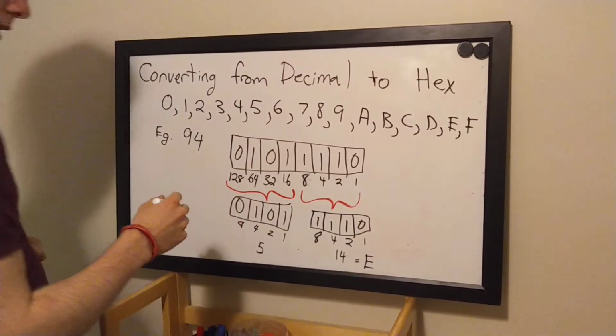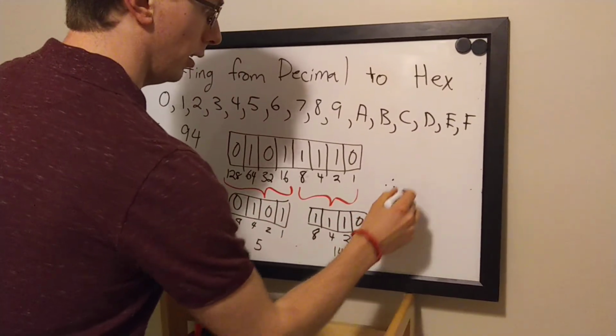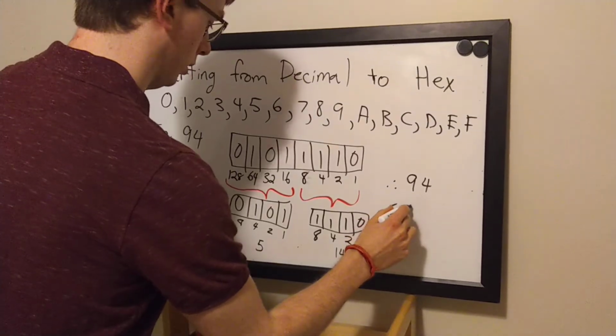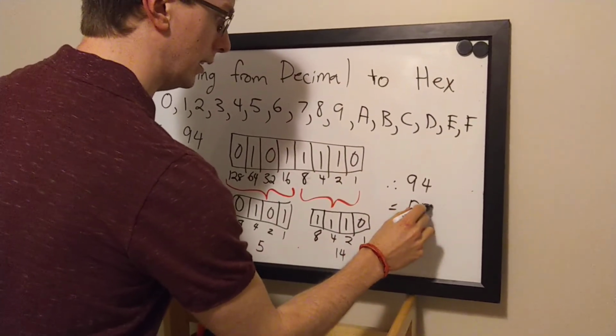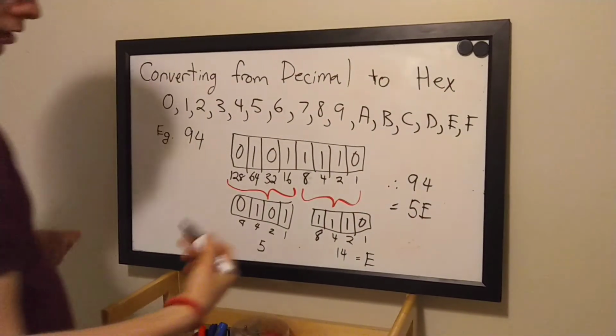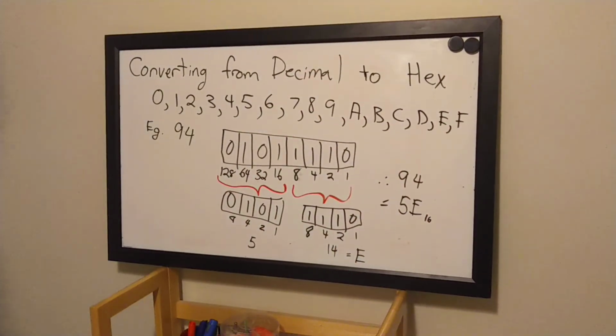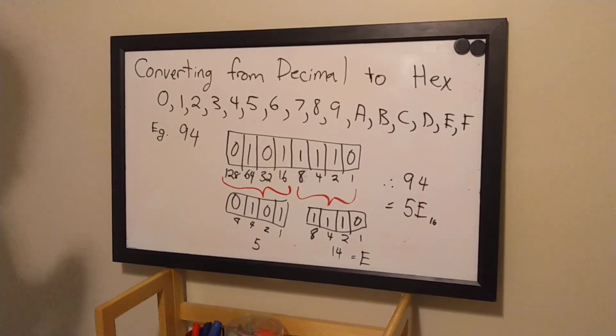So therefore, we could say 94 is equal to 5E in hex, and the way we denote hex is with a little subscript 16. So there we go.